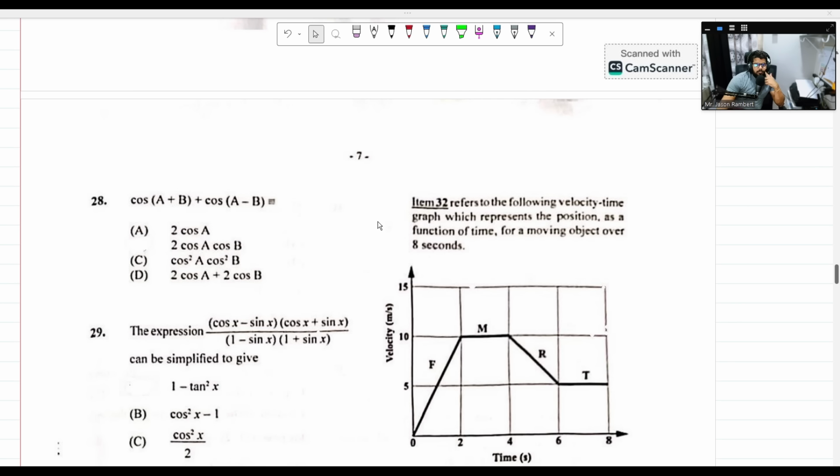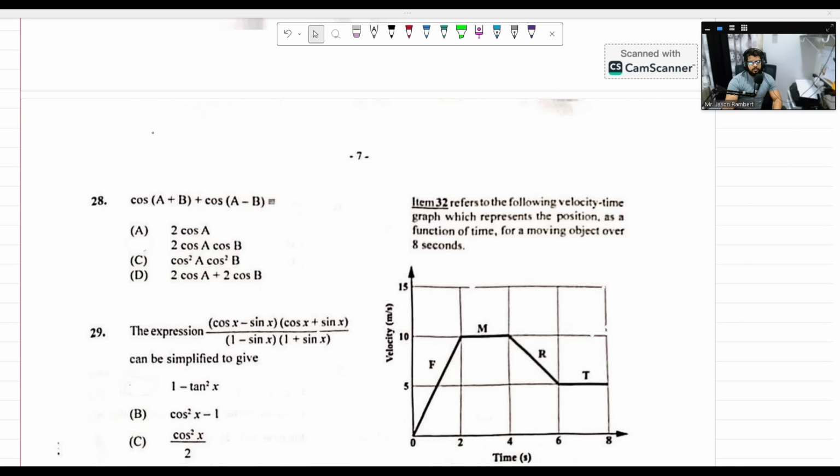Alright, cosine of a plus b plus cosine of a minus b. There is an easy way to do this and then a hard way to do this, right? I can assign values for a and b, work out what those things are, calculate it on my calculator and see which one of the answers they correspond to, or I can just use the compound angle formula. I'll do both.